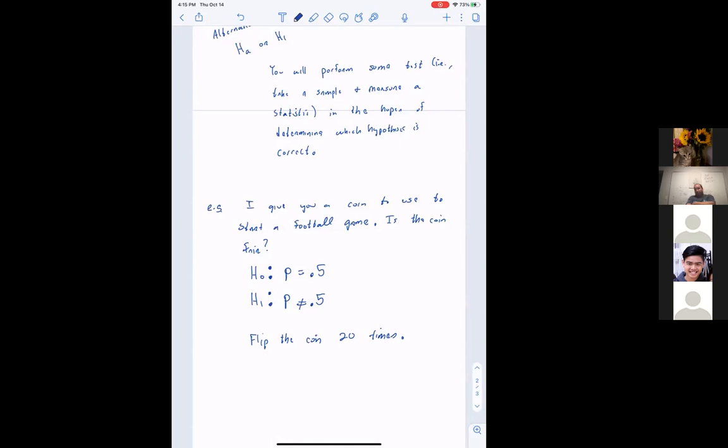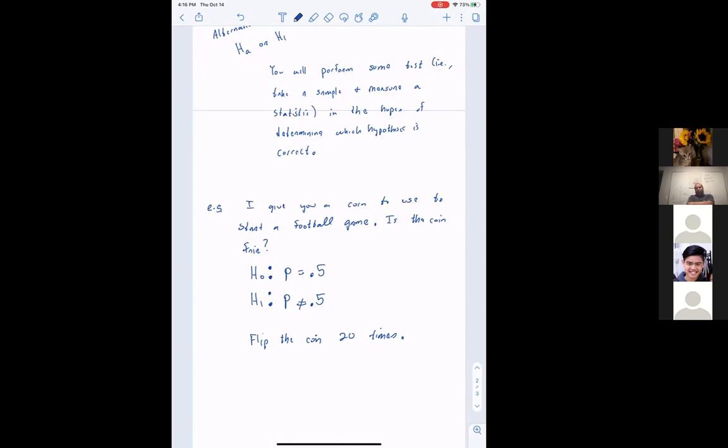So let me rephrase it. Would 10 heads and 10 tails support the null hypothesis or the alternative hypothesis in this case? Which hypothesis does that data seem to support? It supports the null. But is it really fair? No idea. But it certainly supports the idea that the null is true, that it's fair.